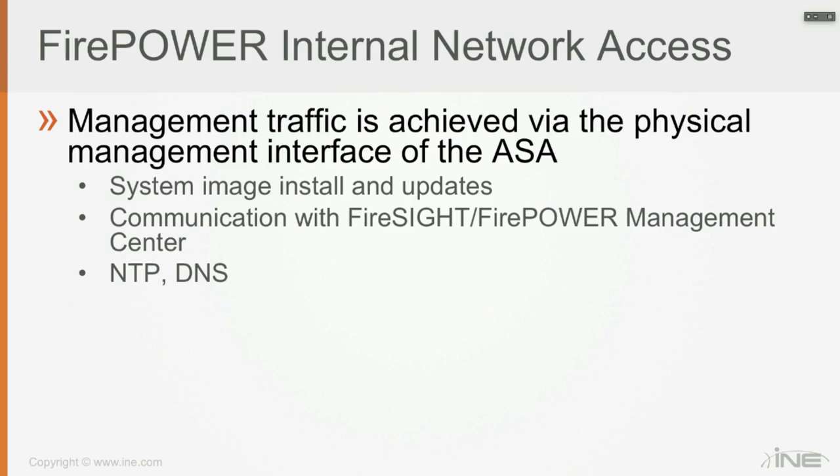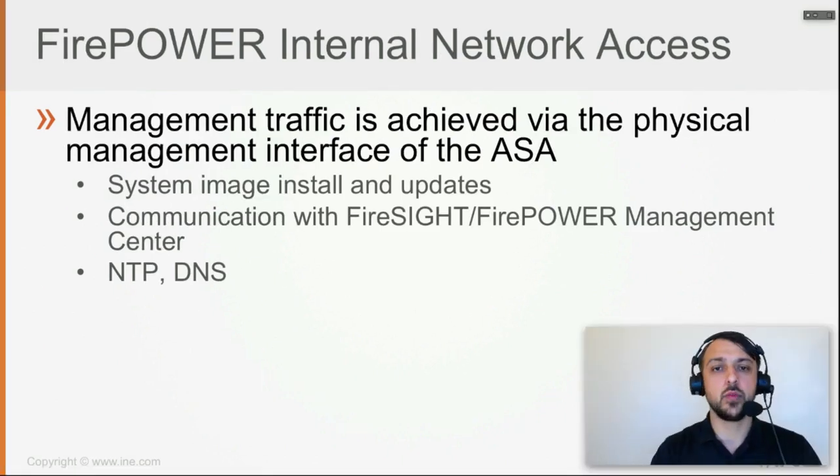Likewise, it's going to communicate over that interface with the Fireside, with the manager, which can be either the Fireside Management Center or the Firepower Management Center. One and the same thing, as you're going to see, just a different naming convention by Cisco. And of course also for NTP and DNS. NTP is clearly very important, because as we send log messages to the manager, to the Fireside Management Center, those need to be properly stamped with the proper time in the proper time zone.